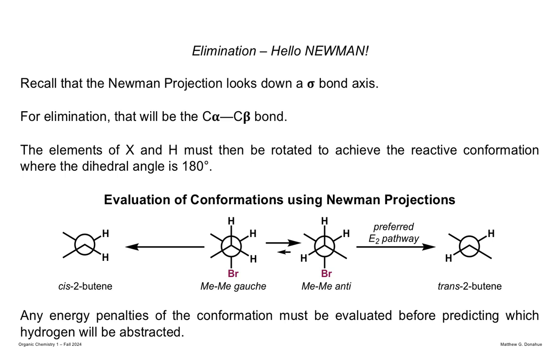So in the scheme shown here, because we have two different reactive conformations, we really need to look at their energies and then the energies of the products that are produced.